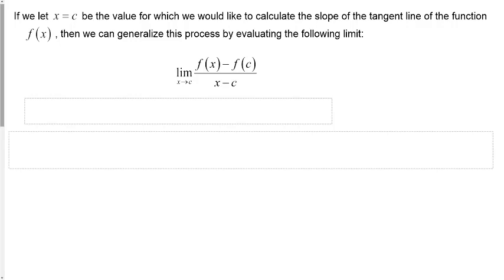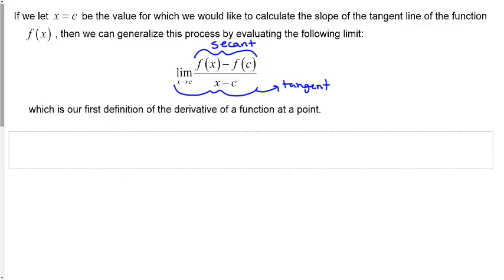So this part right here, basically, without the limit, would give us the slope of secant lines. Here, with the limit, gives us the slope of tangent lines. So as you take the limit of a set of secants, that gives you the slope of a tangent. And this is known as our first definition of the derivative of a function at a point.